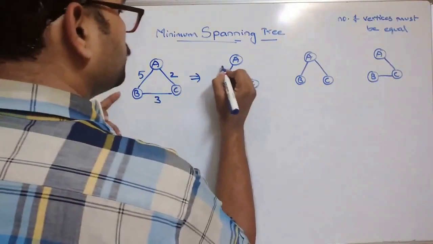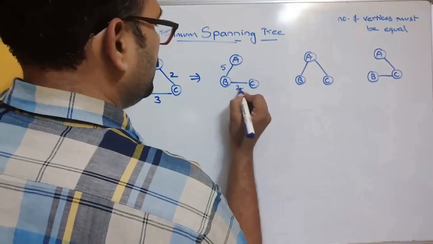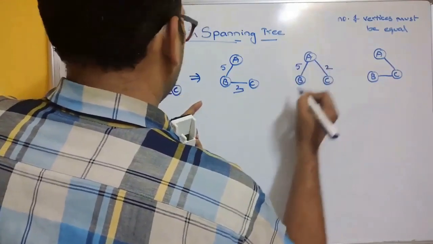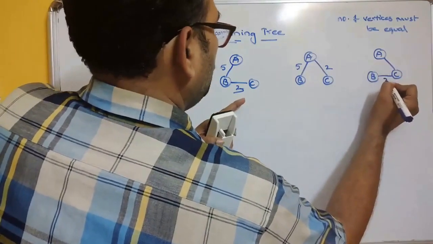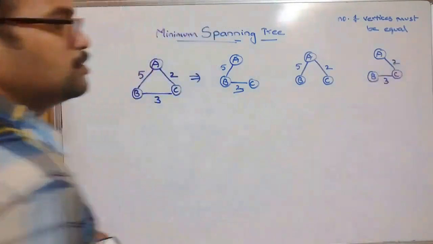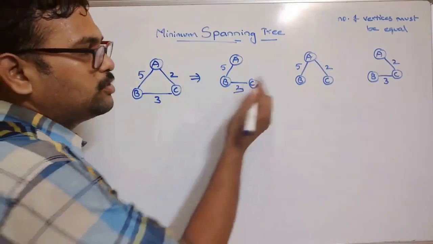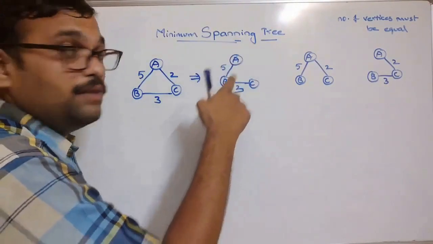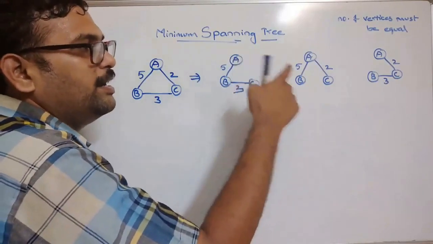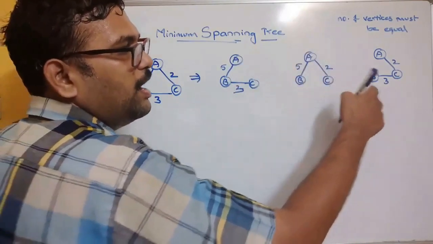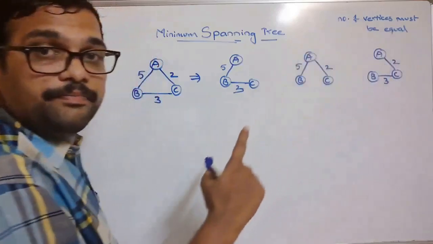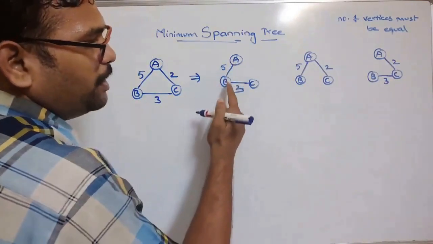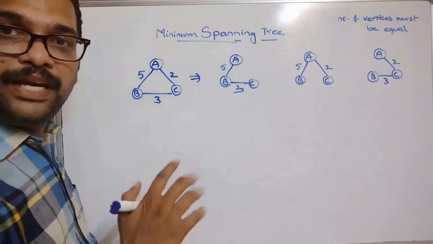Give the edges here: 5 and 3, and here 5 and 2, and 3 and 2. You can observe here that all the vertices have been connected in each tree. Here there is an edge A to B, B to C. There should not be a cycle, right?